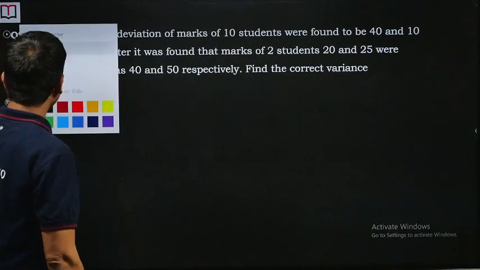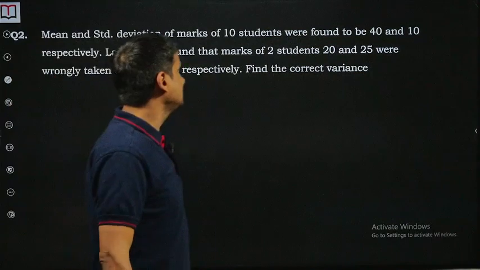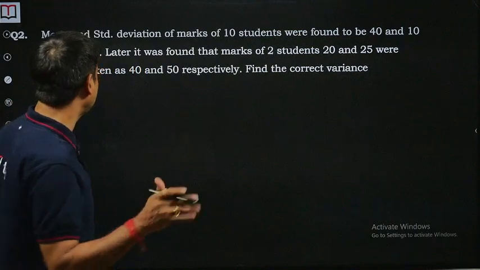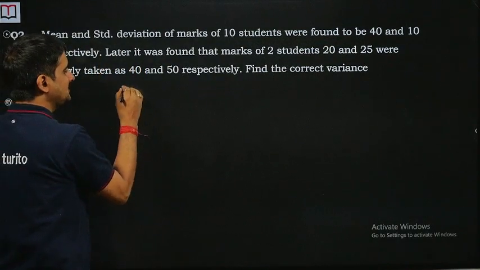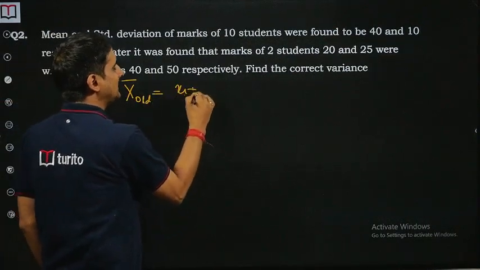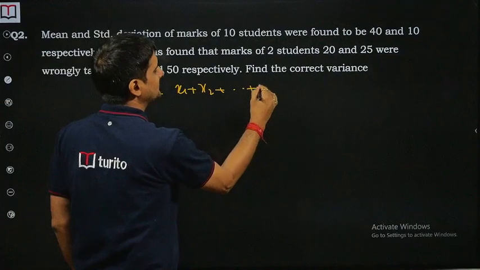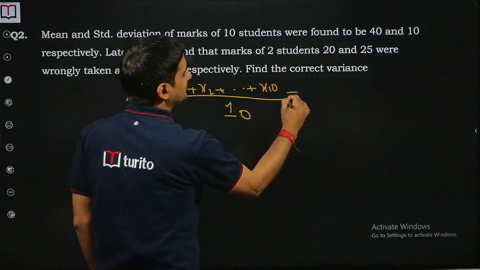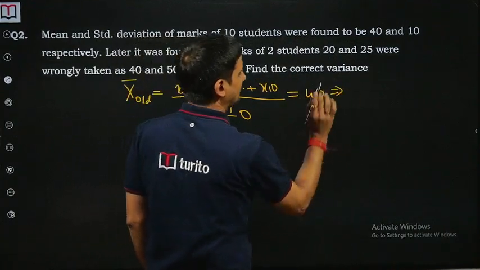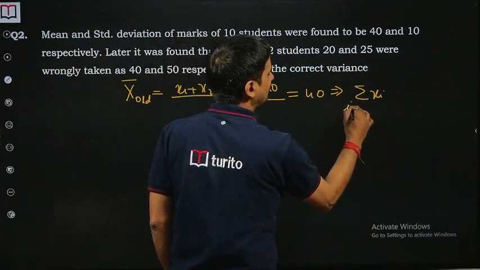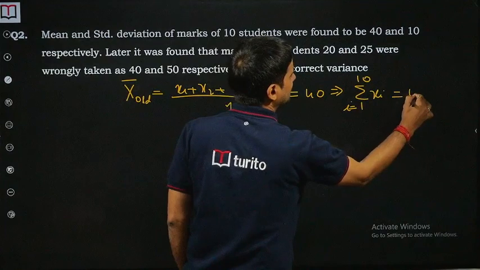And then moving to the next question: the mean and standard deviation of marks of 10 students were found to be 40 and 10. So we have 10 students, that means 10 observations, and the mean of the 10 students is found to be 40. So the sum of all, when i goes from 1 to 10, is 400, bachcho.